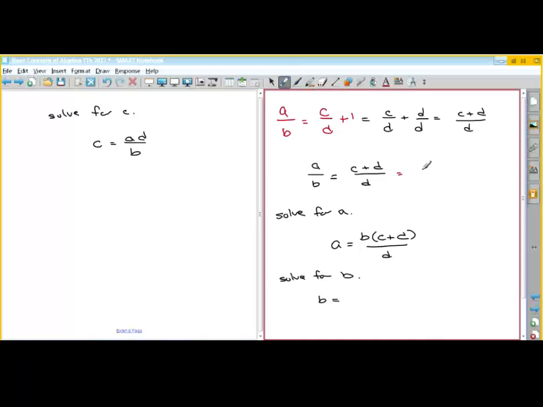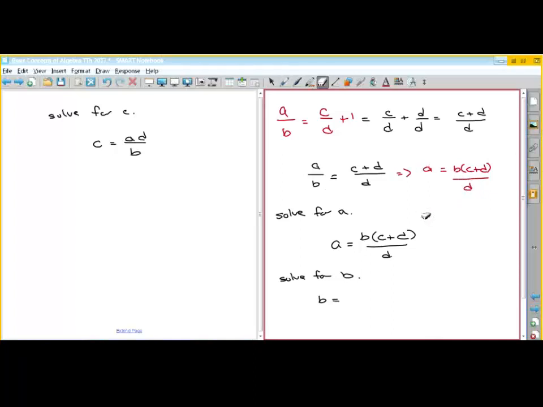What I'm doing is kind of a shortcut, this kind of intermediate step. So I have A is equal to B times C plus D over D. So I've moved this to the numerator, and then I would isolate the B term.